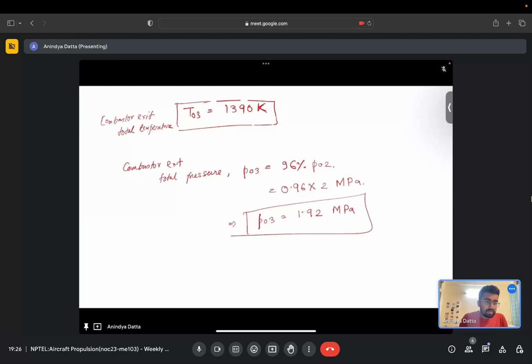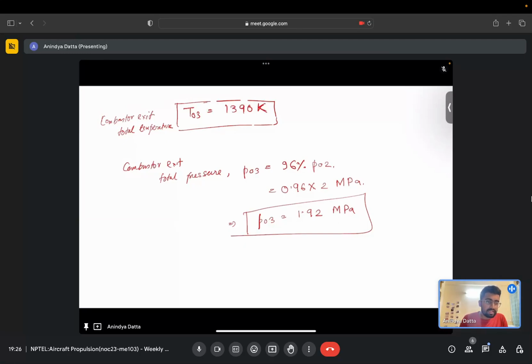So these are the major differences we have seen till now for the real cycle analysis versus the ideal cycle. First is, in a real cycle we take the temperature and pressure in terms of the stagnation values.